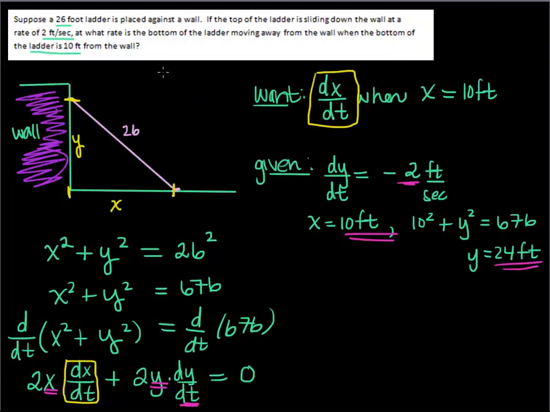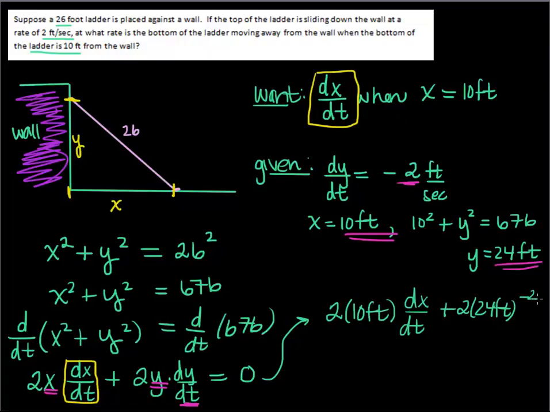All right, so let's plug that in. So if I plug this in, I'm going to get 2 times 10 feet times dx/dt, that's my unknown, plus 2 times y, which is 24 feet, times a -2 feet per second, right?